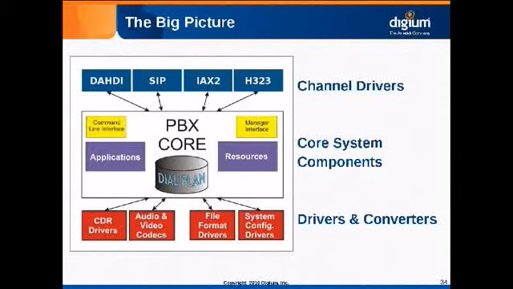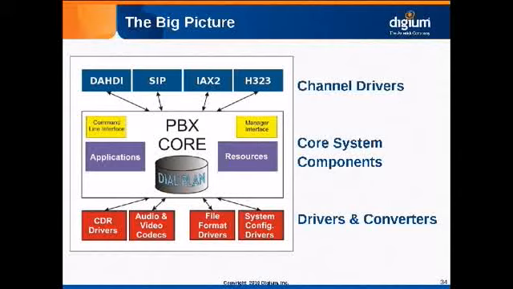Across the bottom of this picture, we have what we call drivers and converters. These are tools that Asterisk uses to either write out some kind of records. Like our CDR drivers are call detail records. That's how it writes out a log of what calls have been made on the system, by who, and how long did they last, those sorts of things. There's drivers for different audio and video codecs.